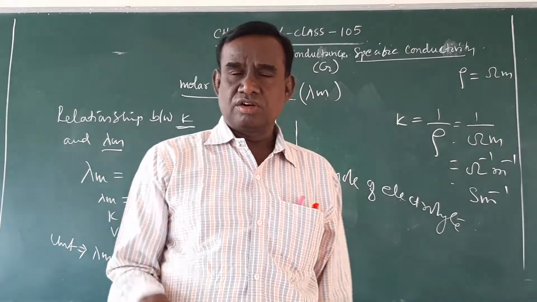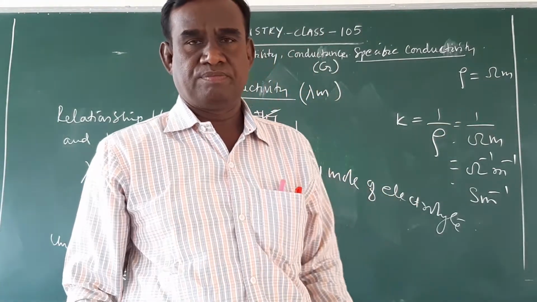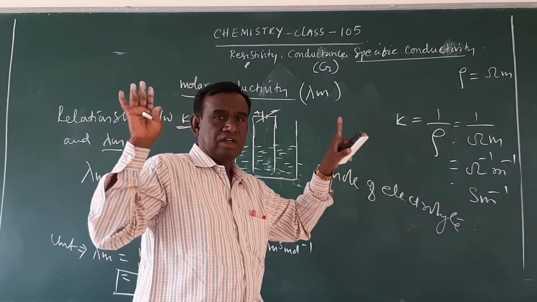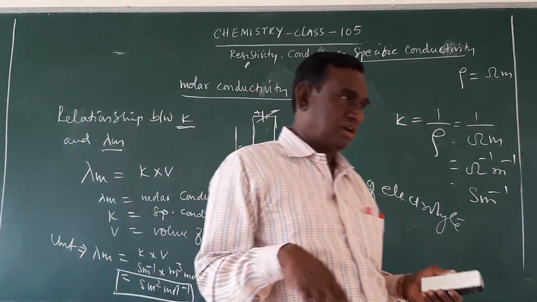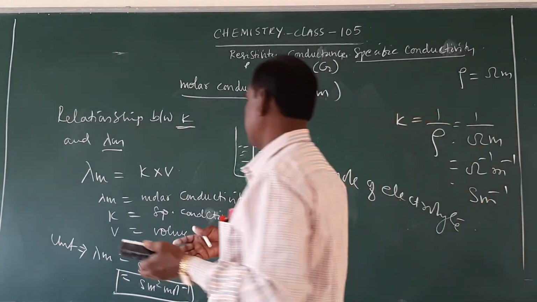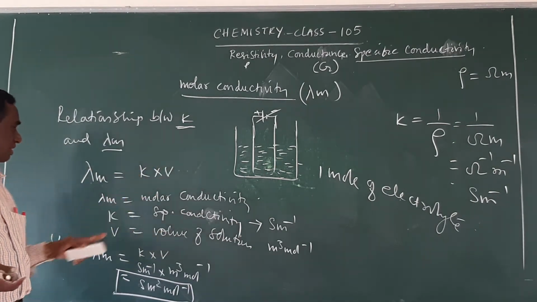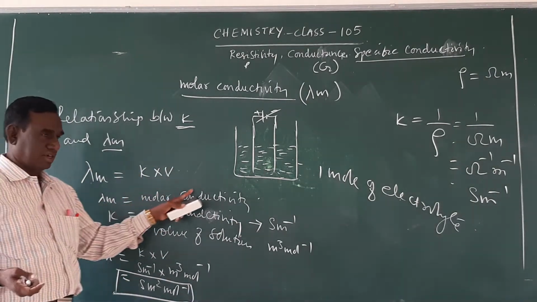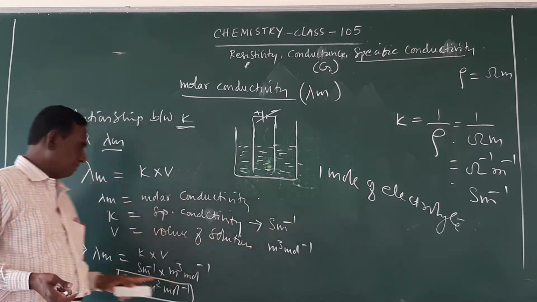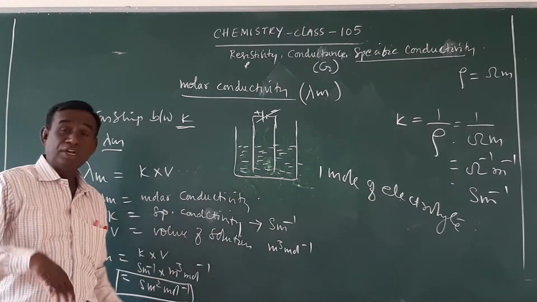So molar conductivity is the conductivity produced by all the ions present in the solution which contains 1 mole of an electrolyte. What is the relationship between molar conductivity and specific conductivity? They are related by the equation lambda is equal to K into V, where lambda is molar conductivity, K is specific conductivity in Siemens per meter, and V is the volume of the electrolyte solution in meter cube per mole.